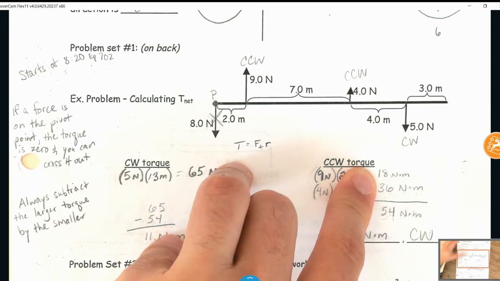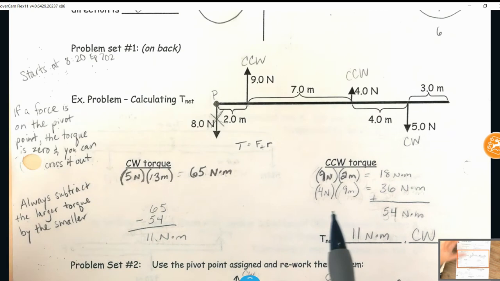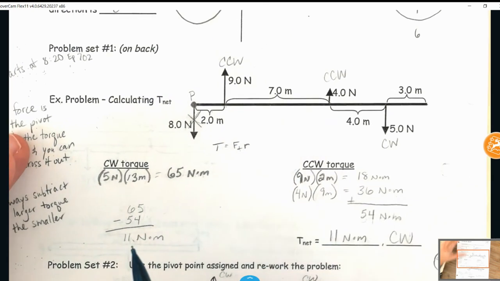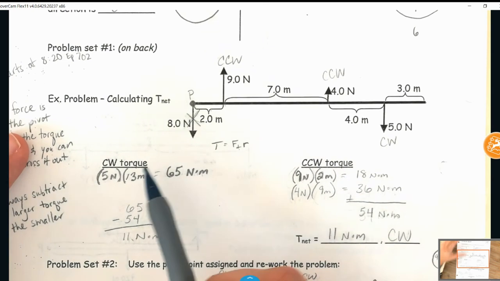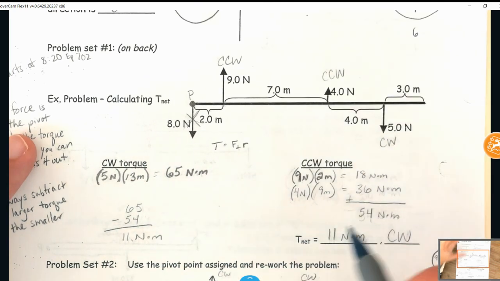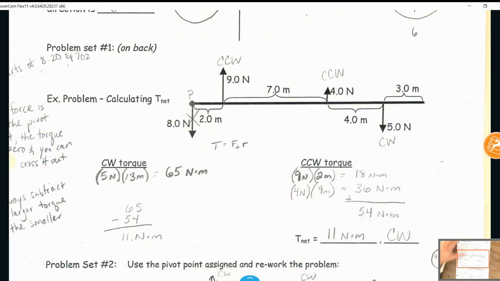Over here, we have 18 plus 36, so on the counterclockwise end we only have 54 Newton meters. So you take the higher minus the lower: 65 minus 54 gives you 11 Newton meters. And in which direction? The clockwise had the greater magnitude, so overall we're going to be moving clockwise in this piece.